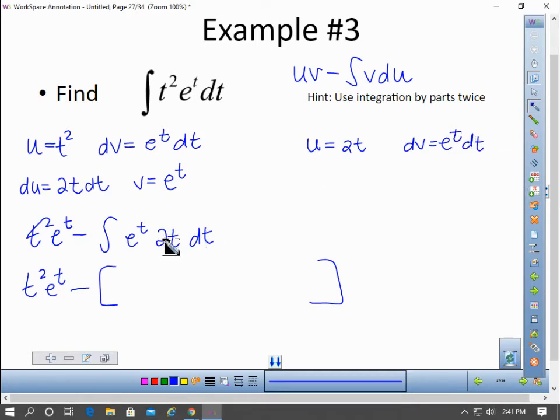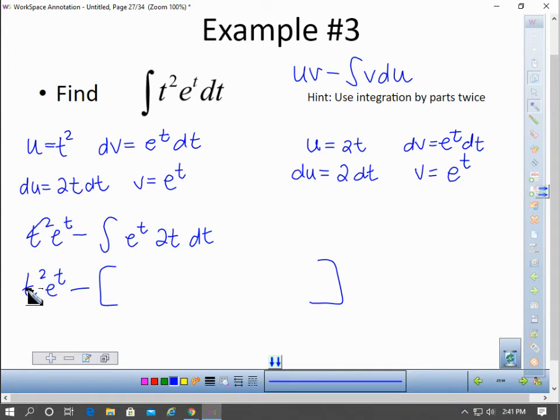So the 2t is my u, and the e to the t dt, that's going to be my dv. And I'm just going to do the process a second time. All right, so we take the derivative of this part, so du equals 2 dt. Over here, we're going to integrate, so v equals e to the t. All right, so now we're going to do the ultraviolet voodoo again. So notice I set this up.